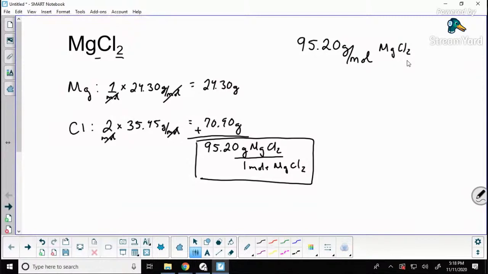If you remember from previous video, if I have 1 mole of magnesium chloride, I would have 602 sextillion units of magnesium chloride. Or within that many units of magnesium chloride, I would have a specific number of magnesium atoms, and I would have a specific number of chlorine atoms.